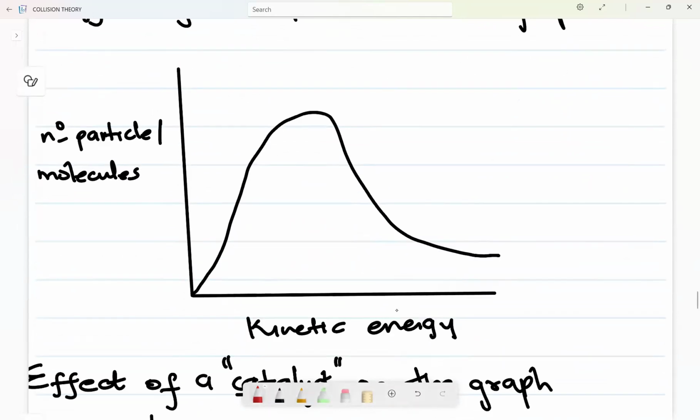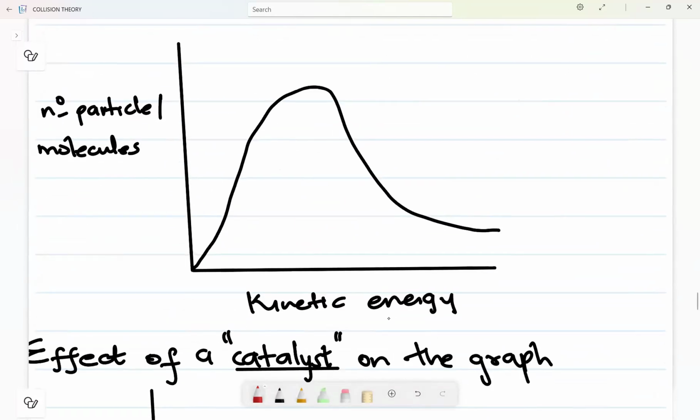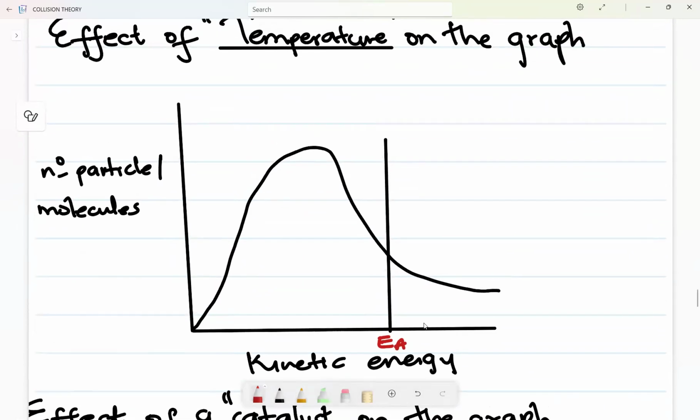Now, how does the temperature affect the graph? Remember, this is EA. How does temperature affect the number of particles? Just think about it.